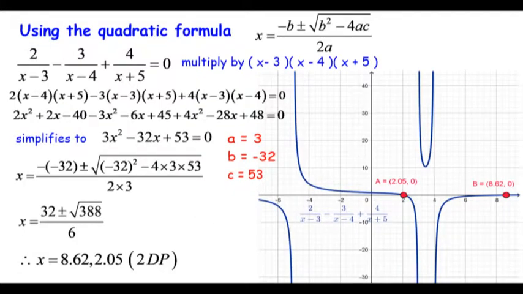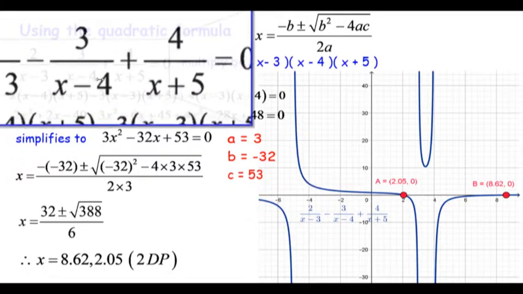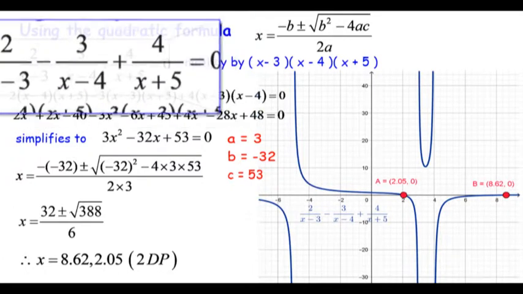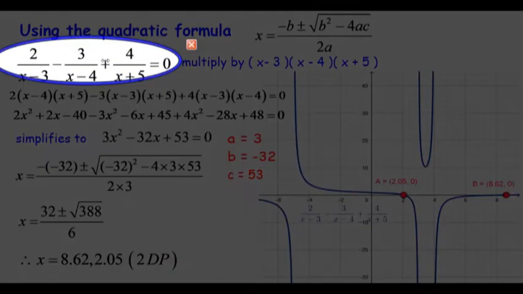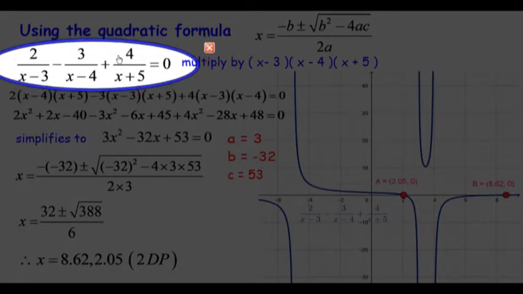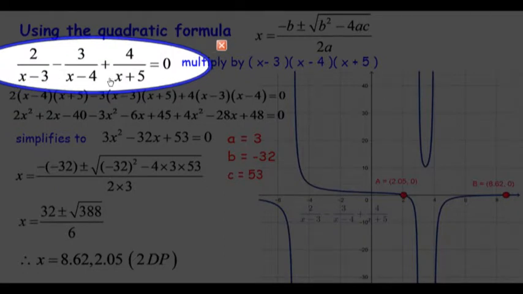Well, the first thing is obviously a bit of an algebraic fraction, and you can see we're going to need to clear the denominators. So I'll try and make this a circle this time. Now you can see what's on the bottom: x minus 3, x minus 4, x plus 5.